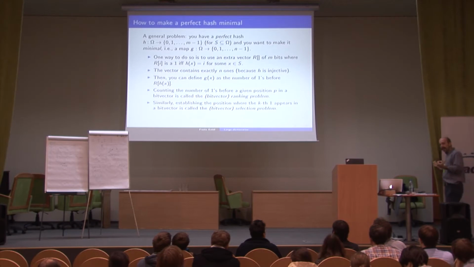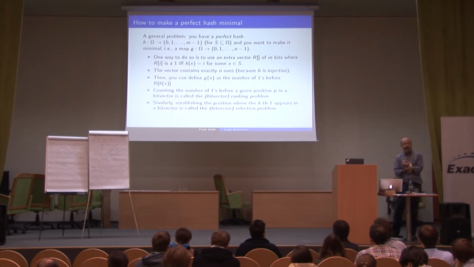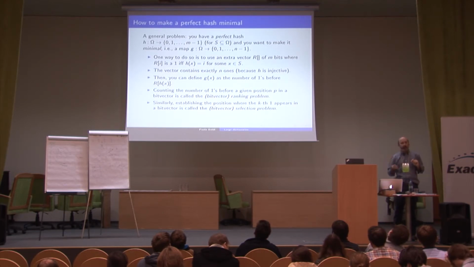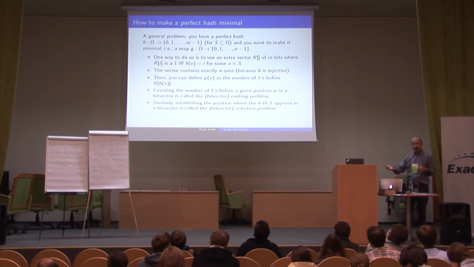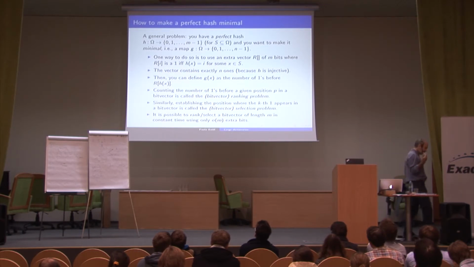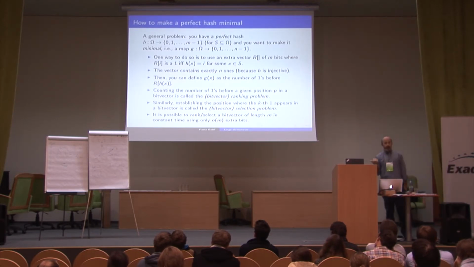Now, there are good data structures to solve these two problems together. These data structures are called rank select data structures. So a rank select data structure is a data structure that is built on a bit vector and that allows you to solve these two problems: to determine how many ones appear in the vector before a given position, or to determine the position of a given one. Tell me what is the position of the 8th one in the vector. And you can see in the literature that it is possible to build rank select data structures that work in constant time.